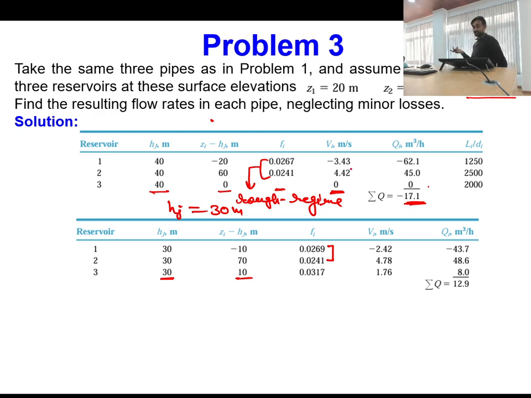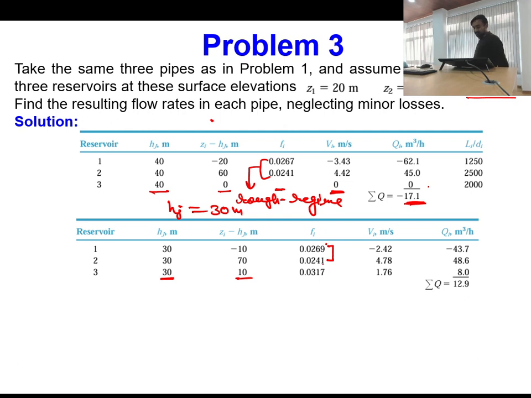So I can calculate the corresponding Reynolds number. Once I calculate the Reynolds number, I can select the friction factor by the combined effect of Reynolds number as well as the relative roughness. So now the effect of Reynolds number is also introduced for calculation of the first two friction factors.